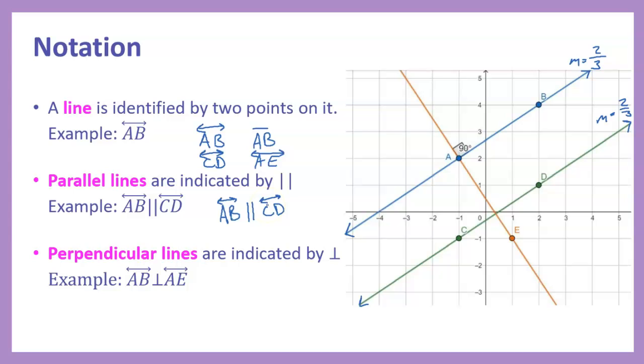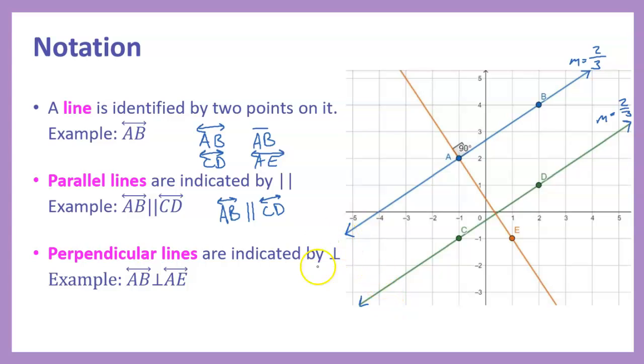Now, perpendicular lines. Can you see any perpendicular lines on this graph? This angle right here is marked as 90 degrees, so we know these two lines are perpendicular. So we'd say line AB is perpendicular to line AE.